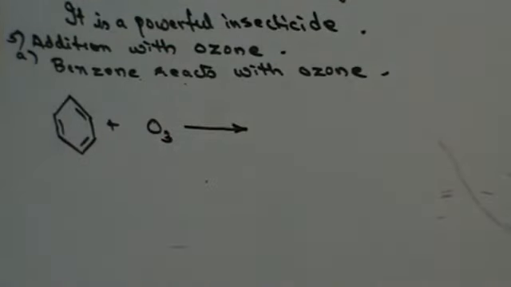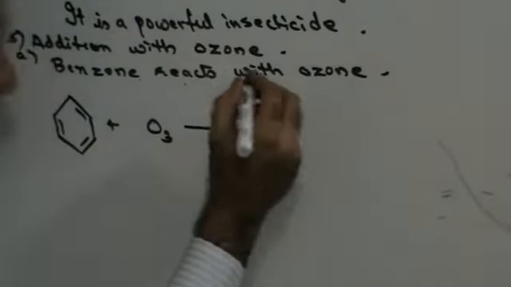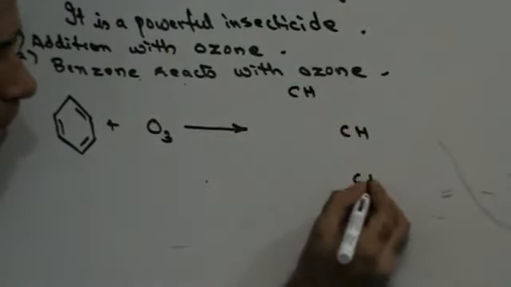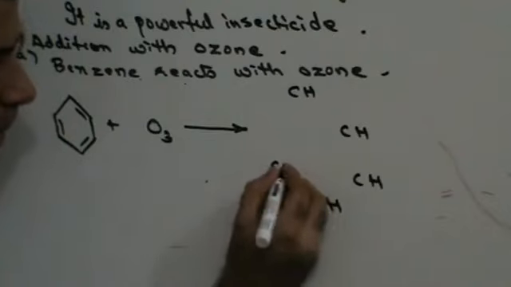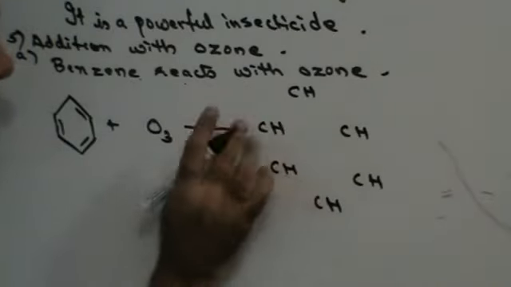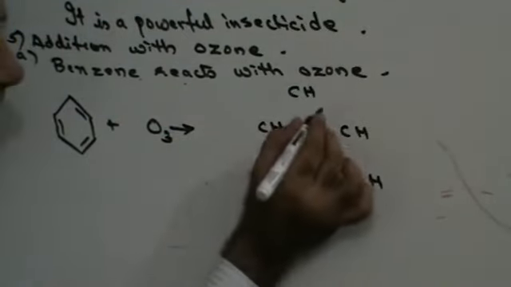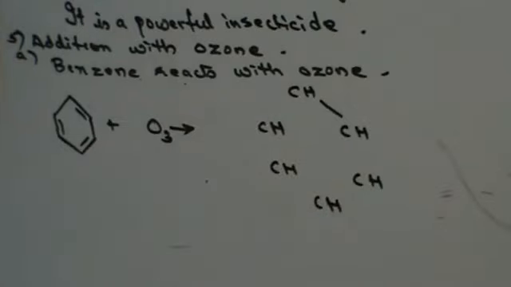Now observe carefully what will happen. You will have an addition reaction. You have benzene, that is C6H6, with alternate double and single bonds.